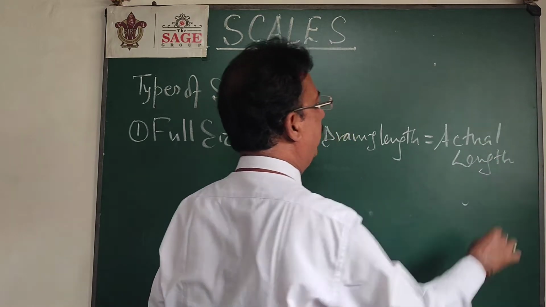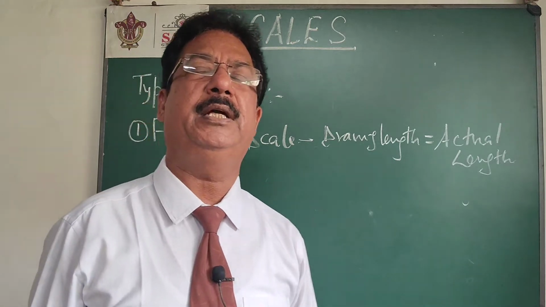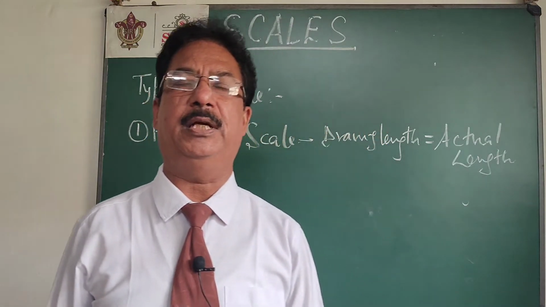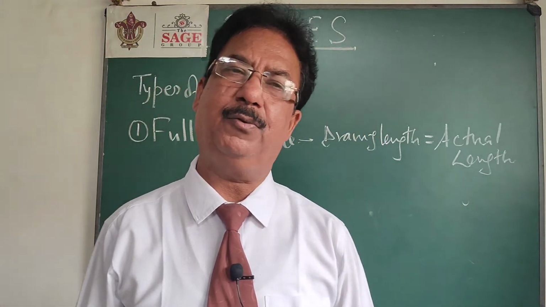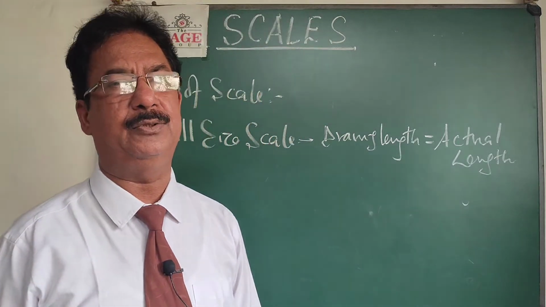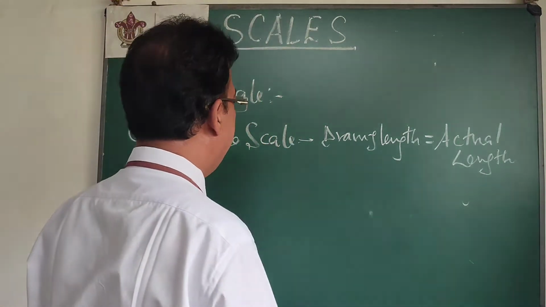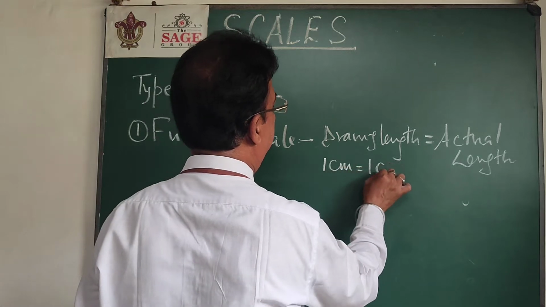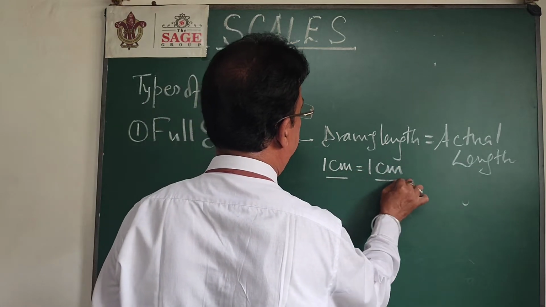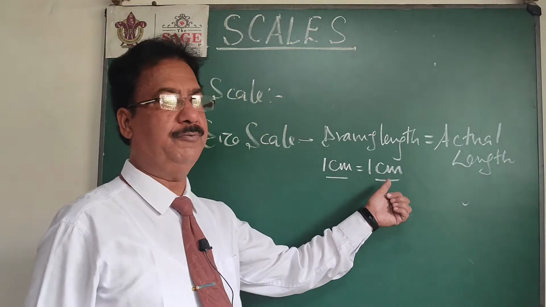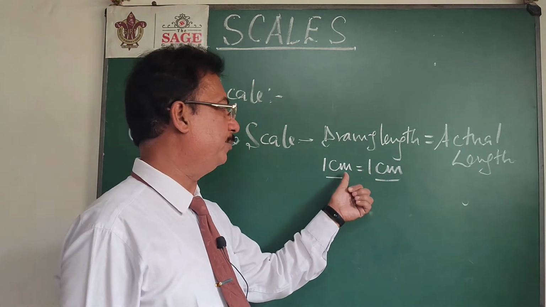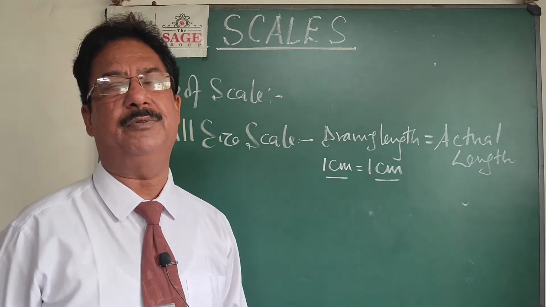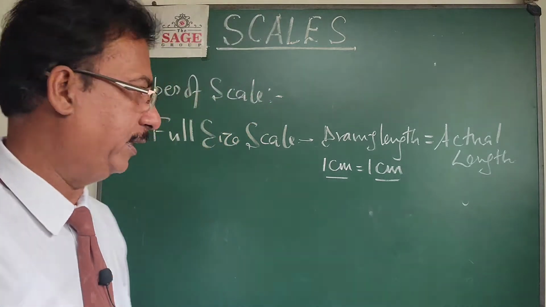When we draw a drawing which represents the actual length of the object, that type of scale is known as full size scale. If I say 1 centimeter equals 1 centimeter, it means the actual length of the object is 1 centimeter and I am also representing it by 1 centimeter, so that will be known as full size scale.